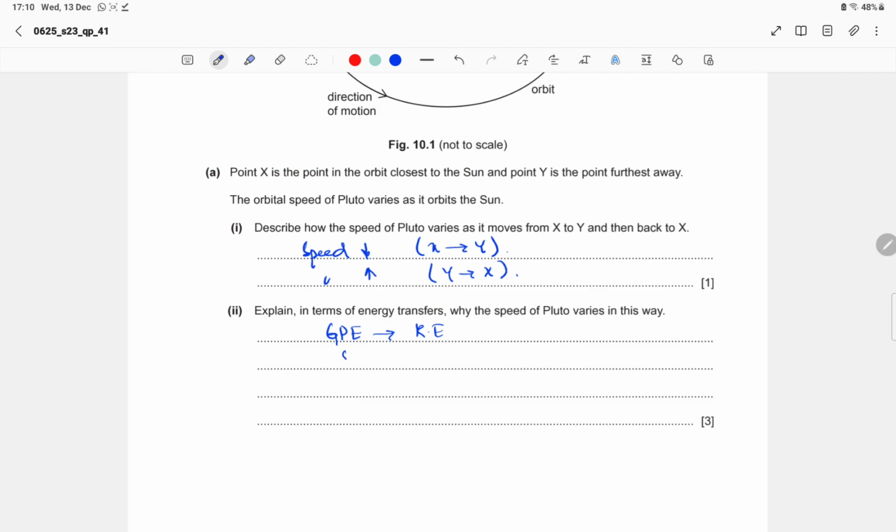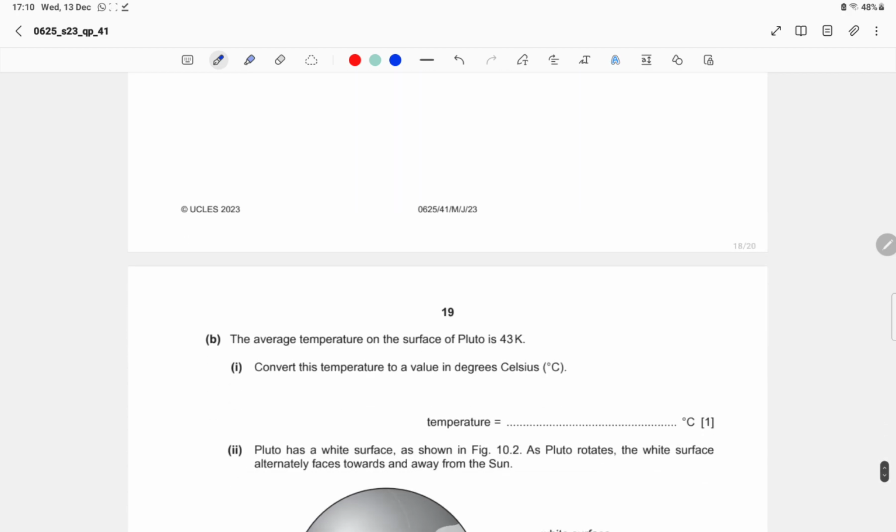You can also write down the speed is going to decrease and kinetic energy is going to also decrease. So basically total gravitational potential energy plus kinetic energy is going to be constant. So this is it. Moving to the next question.